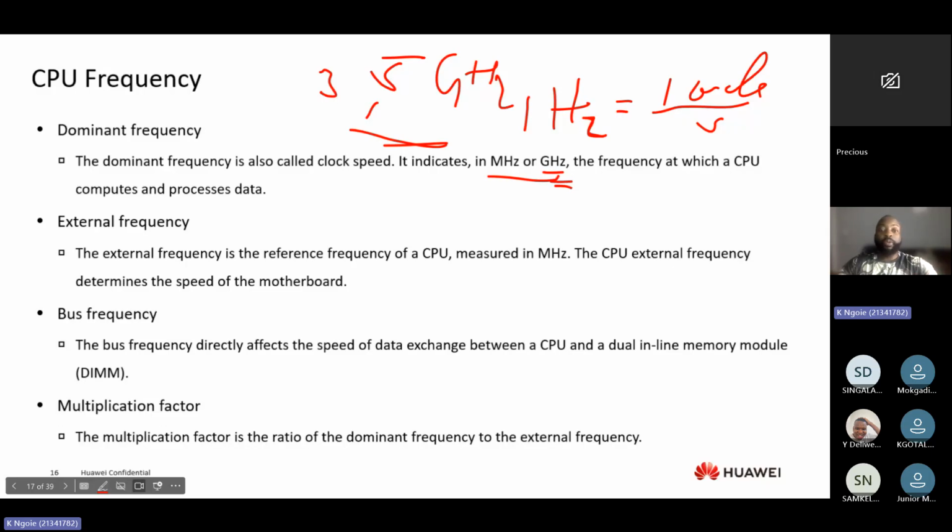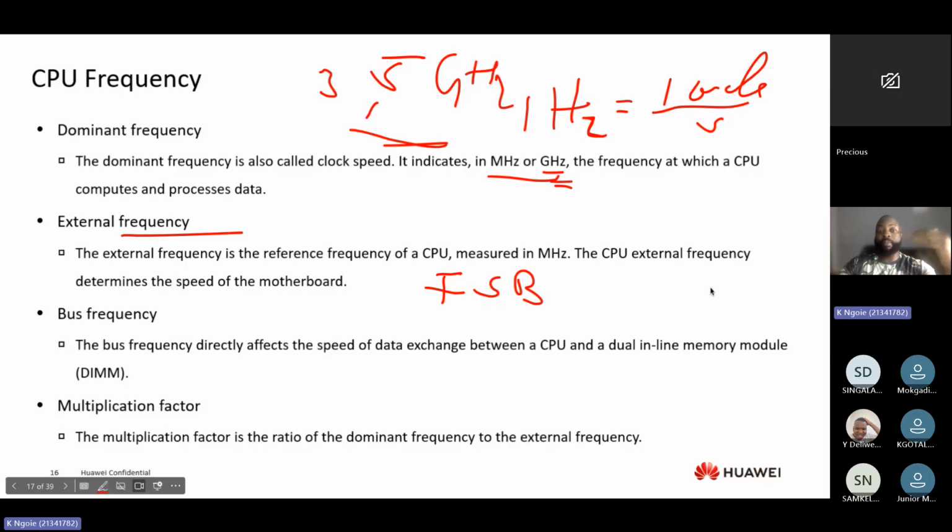So when we talk about external frequency, in other books or materials, the external frequency can be referred to as the FSB, right? FSB. The FSB is basically the front side bus frequency. This is the speed at which data travels between the CPU and other components such as the RAM.